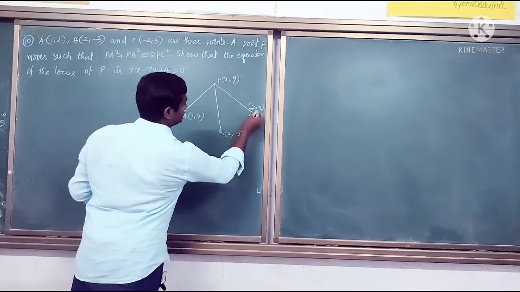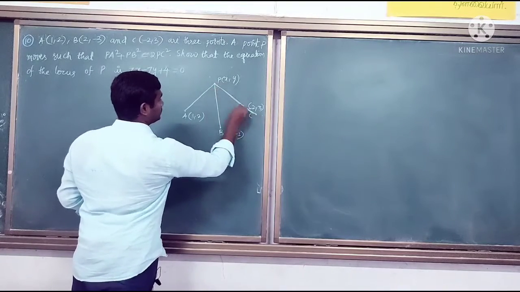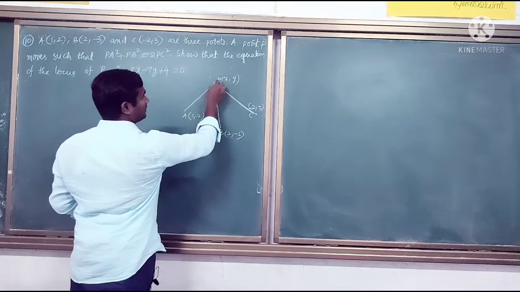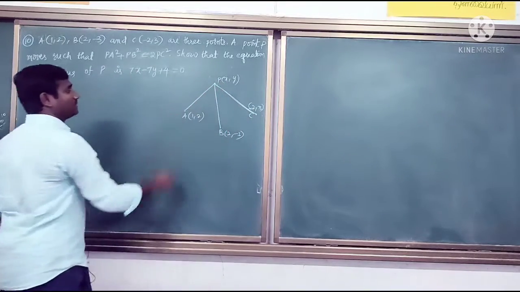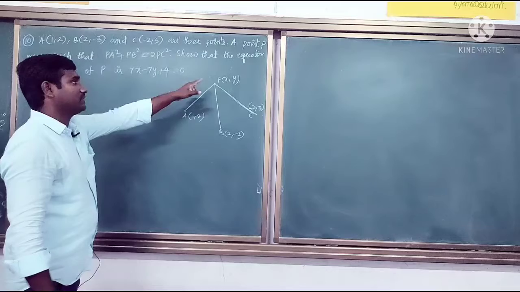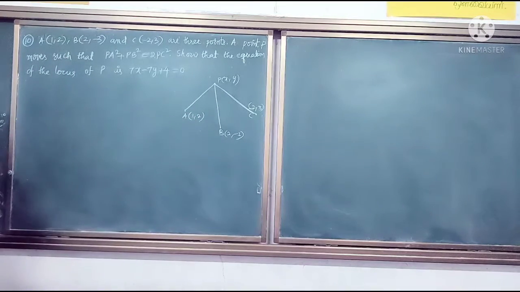So this 2 times the square of the distance from P to C is equal to the sum of the squares of the distances from P to A and B. Then you can consider the required point on the locus.